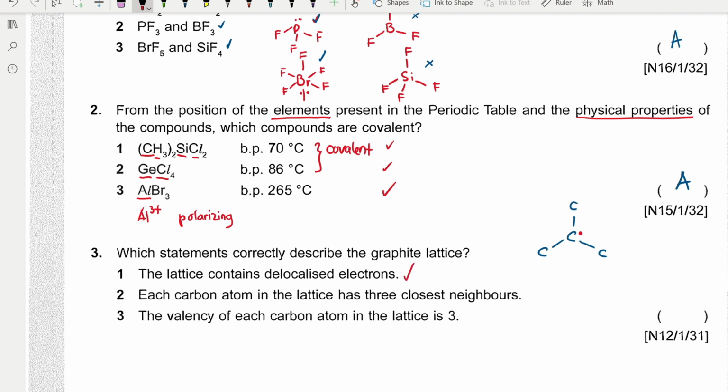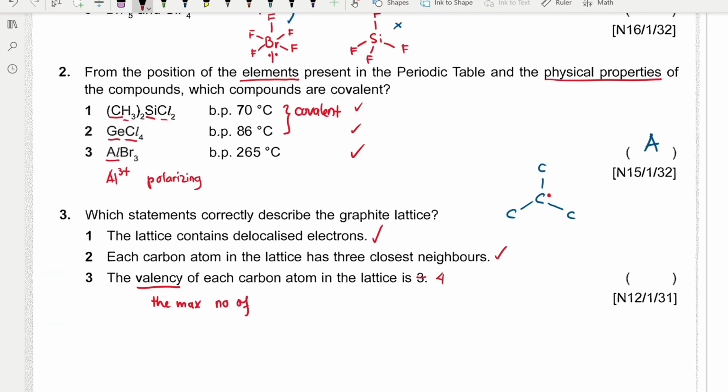Each carbon atom in the lattice has 3 closest neighbors, and that's correct. It means 3 carbon atoms bonded to it. And the valency of each carbon atom in the lattice is 3? It's actually 4. The valency means the maximum number of single bonds an element can have. So the valency of carbon is still 4, it's not 3. So answer is B. 1 and 2 are correct.